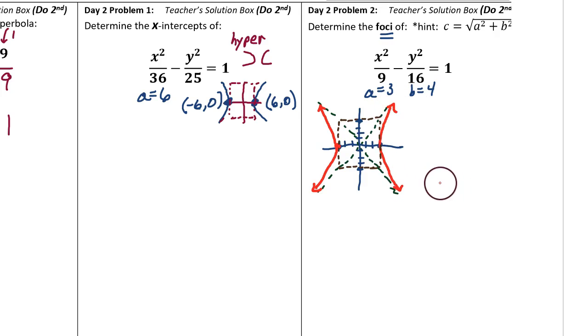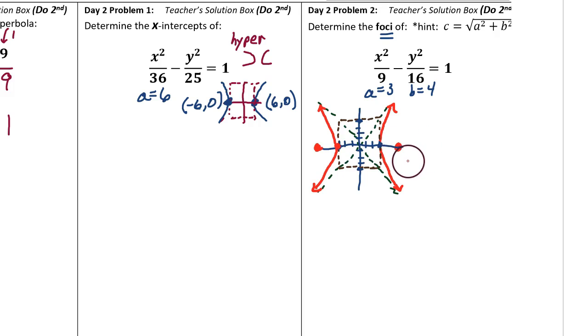Where are the foci points? They are inside of the hyperbola curve. So the focus of the left section is a dot located approximately right there. The focus of the right section would be a dot located about right there.